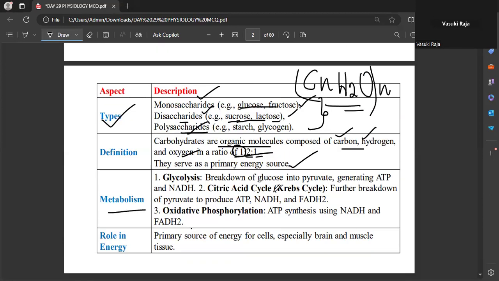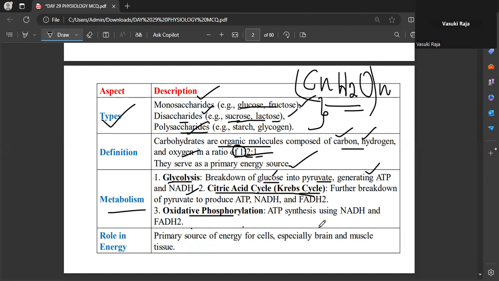Now the metabolism. How the carbohydrate is metabolized in our body: glycolysis, the citric acid cycle, also called the TCA cycle or Krebs cycle, and oxidative phosphorylation. In glycolysis, we break down glucose into pyruvate, and as a result we get ATP and NADH.